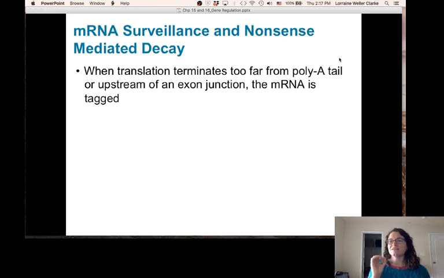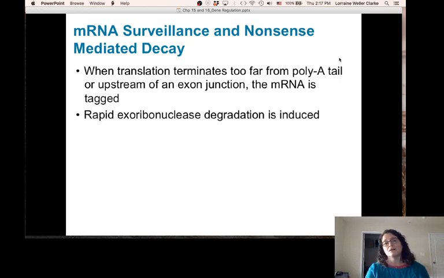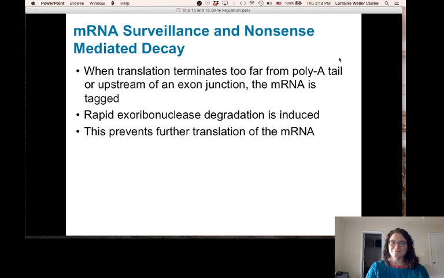When translation terminates very far from the poly-A tail beginning, or upstream of a targeted exon junction, the mRNA will be tagged. And this means that rapid exoribonuclease degradation is induced. Basically, destroy it on site. Think of it as an antibody, but for specifically broken mRNA.